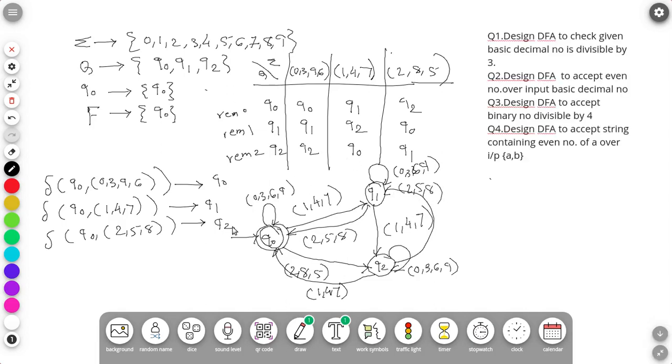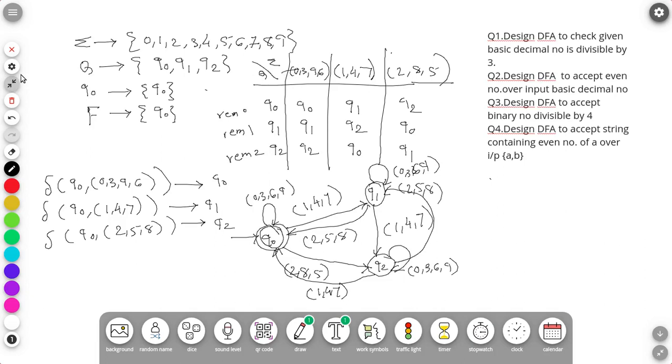So this is the total state transition graph for this problem: design a DFA to check whether a given decimal number is divisible by 3. This is the first problem we have seen on DFA.